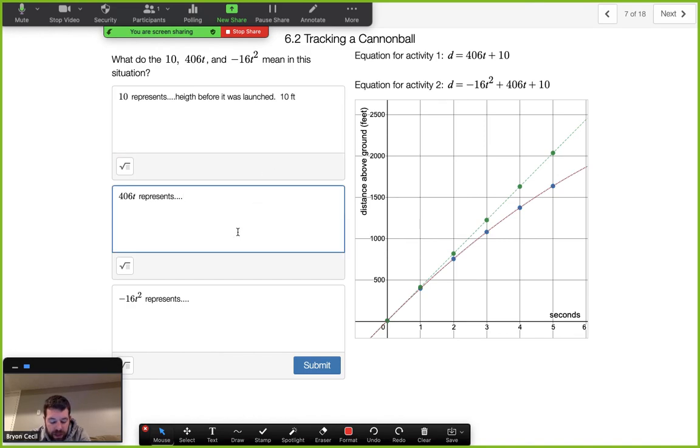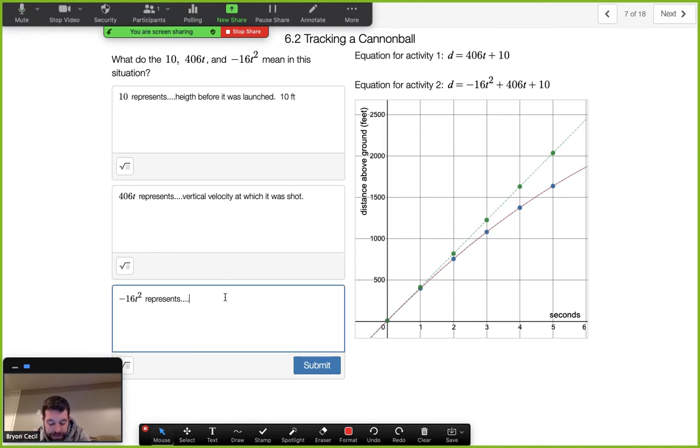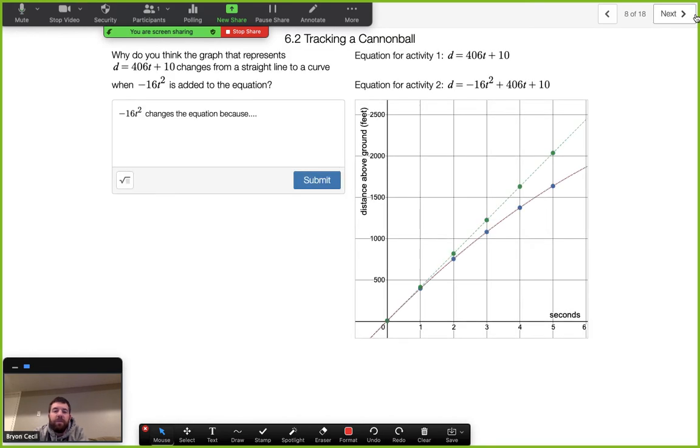The 406 is the vertical velocity at which it was shot, and the negative 16t squared is just the pull of gravity pulling it back down to Earth. Those are the three different parts of this quadratic equation.